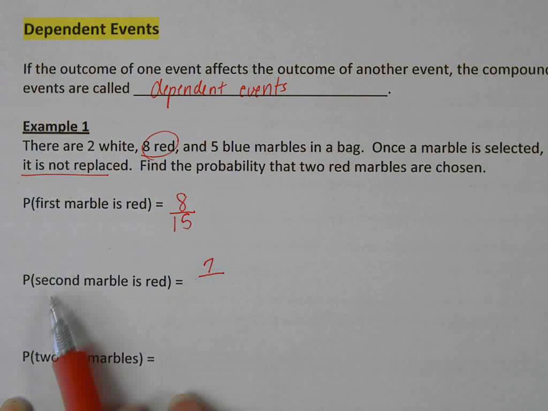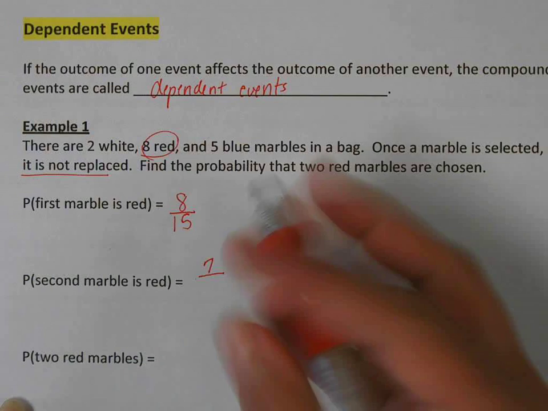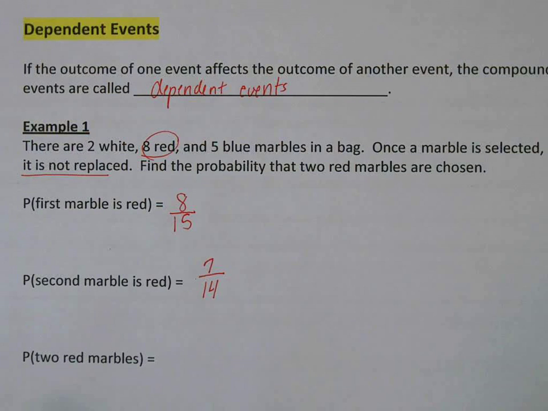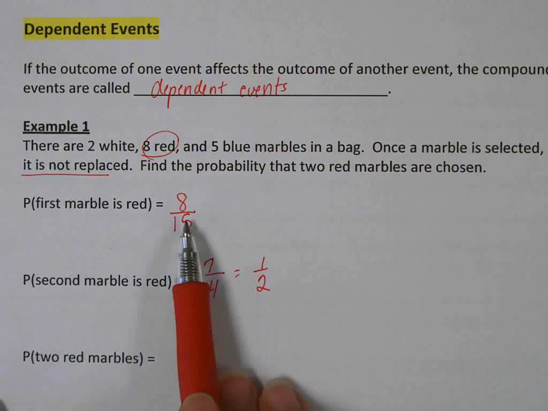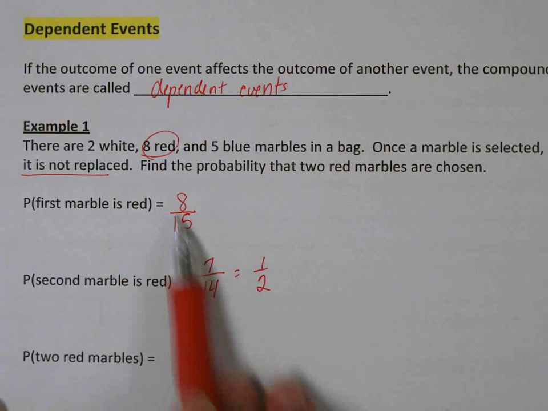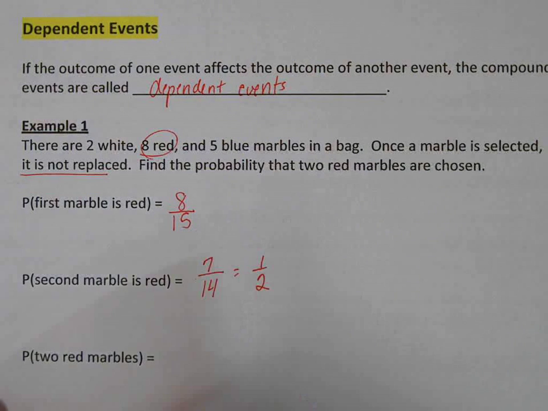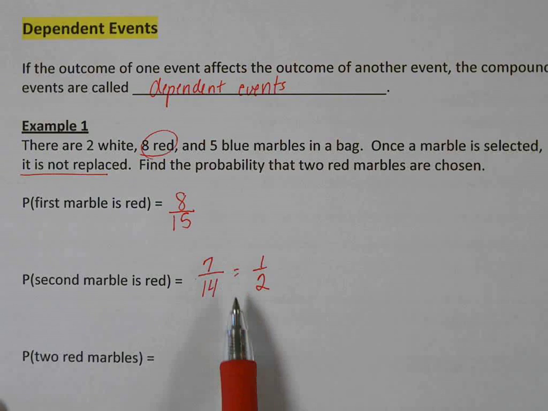And since I drew 1 and did not replace it, I have 7 out of 14, which is 1/2. So let's look at this again. I had 8 red out of a total of 15. I drew 1 and did not replace it. So now I have 7 red out of a total of 14, which is 1/2.